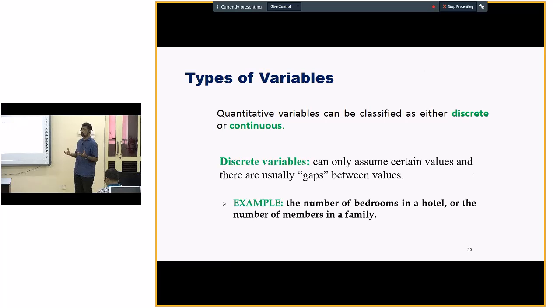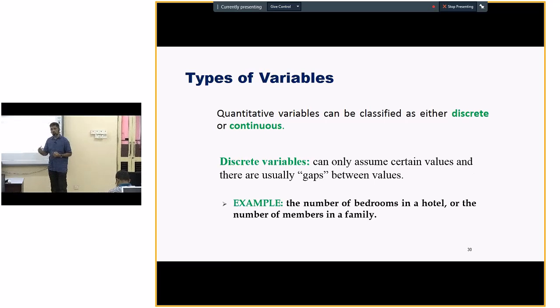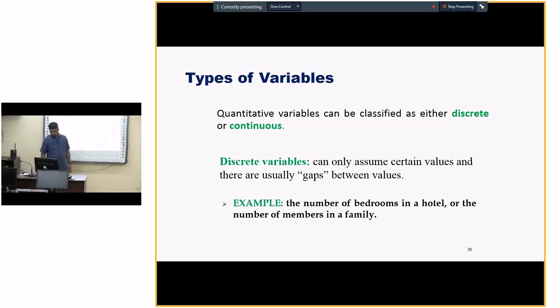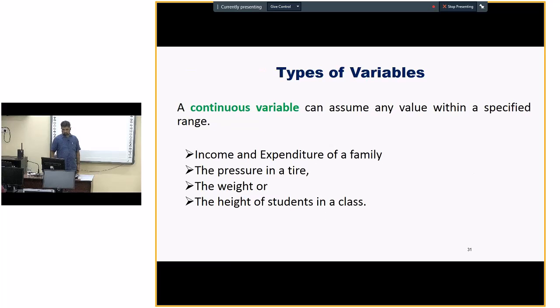We cannot say 1.5 rooms. We can use a countable number: one room or 2 or 3 or 5. Number of members in a family is also the same, no? That is the way of presenting a discrete quantitative variable.